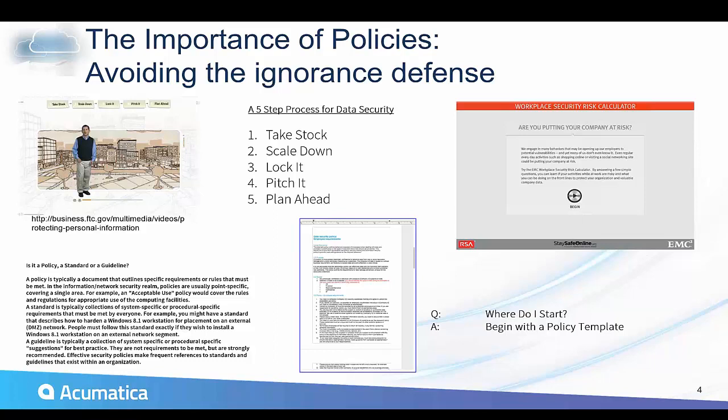And I will make this one available to you because it's a publicly available policy template, and there are organizations who specialize in providing these kind of templates for everything from data security to data privacy to remote access policies to data encryption policies, all of which are a great place to start.